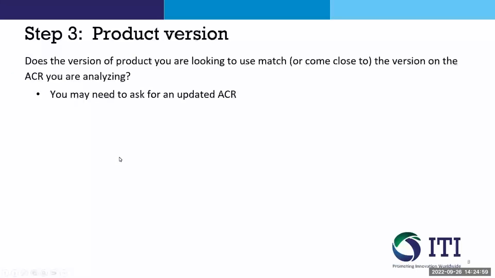Step 3, this has to do with the product that you're purchasing and the product versioning of that. So you get an ACR, you're looking at the ACR, you want to have enough information, again on the title page of the ACR, to know that the product that you have a report for is the same product that you're purchasing.